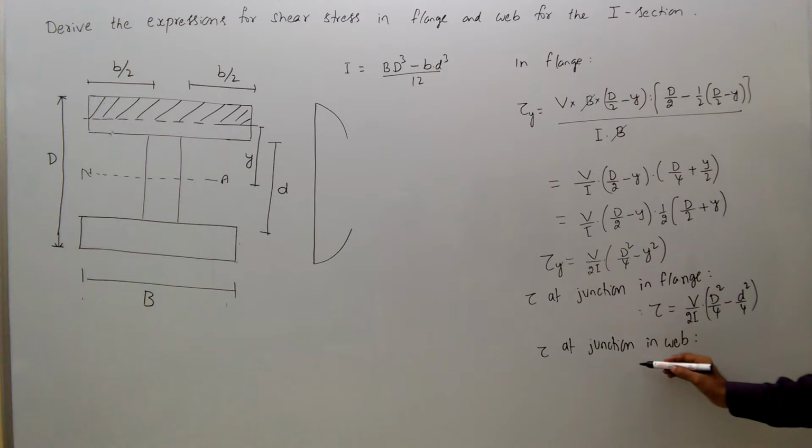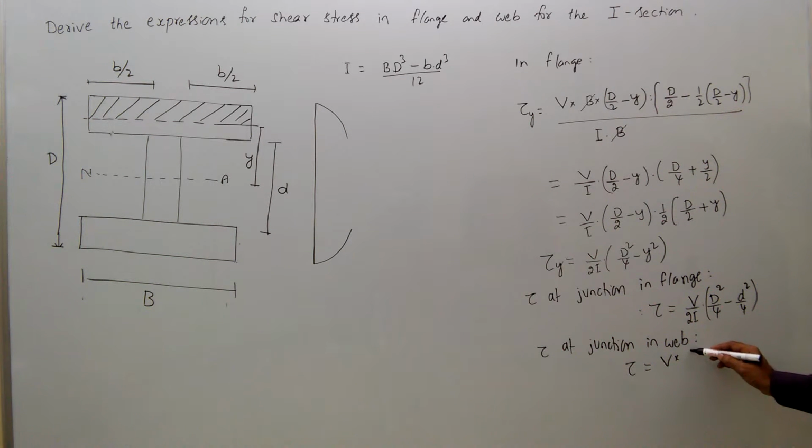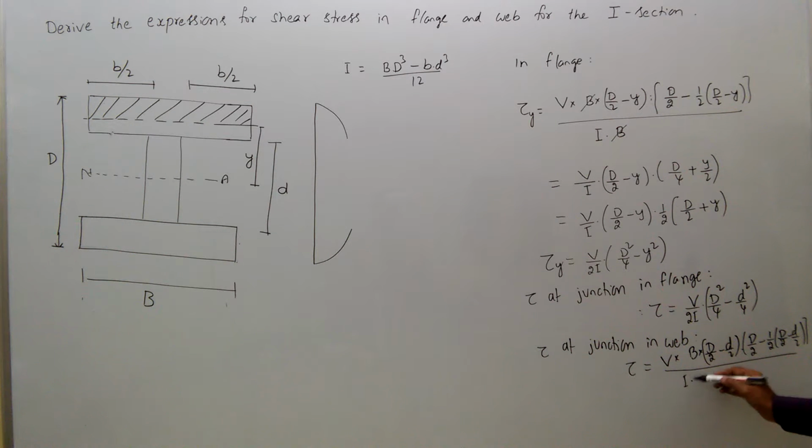Toward junction in the web, tau equal to V. Q is the area above the web, that is capital B into D by 2 minus d by 2, into central distance D by 2 minus half of D by 2 minus d by 2, whole divided by I into width.